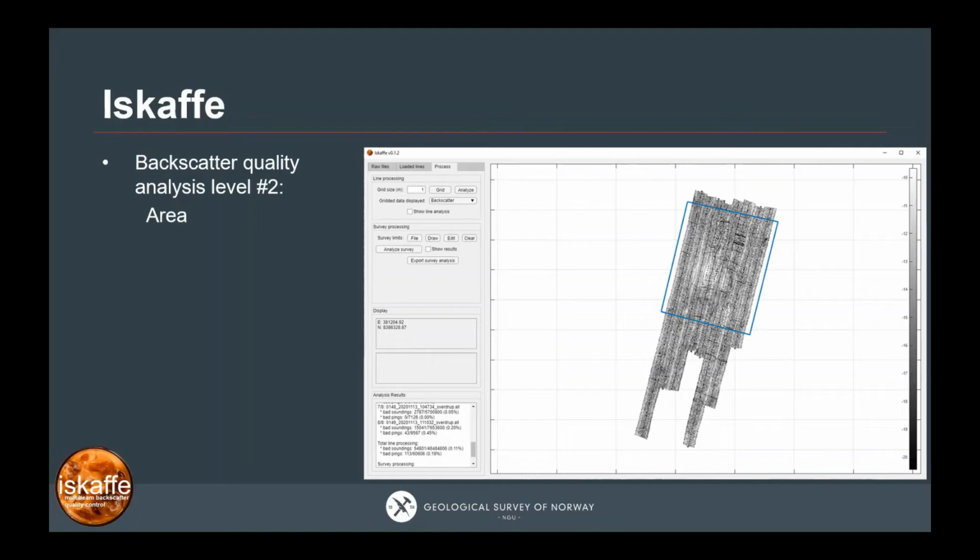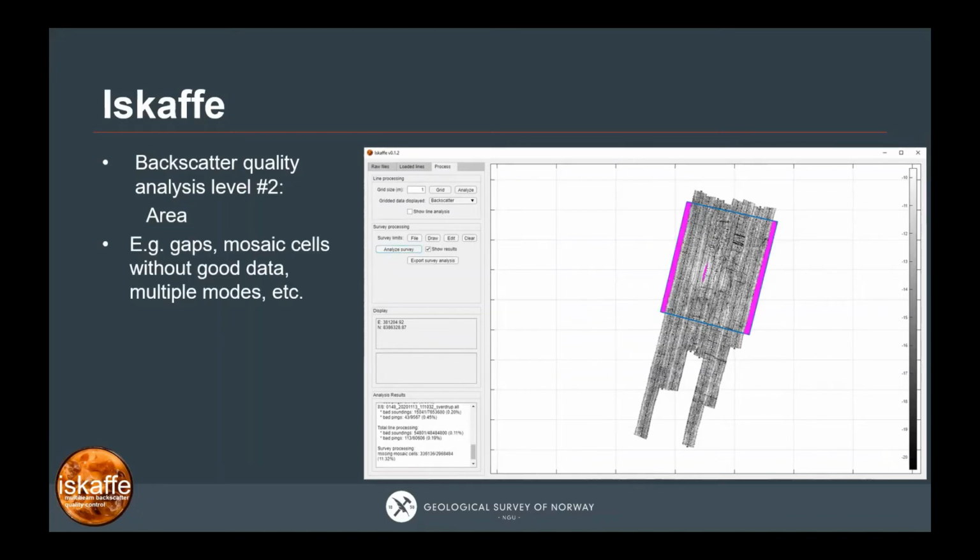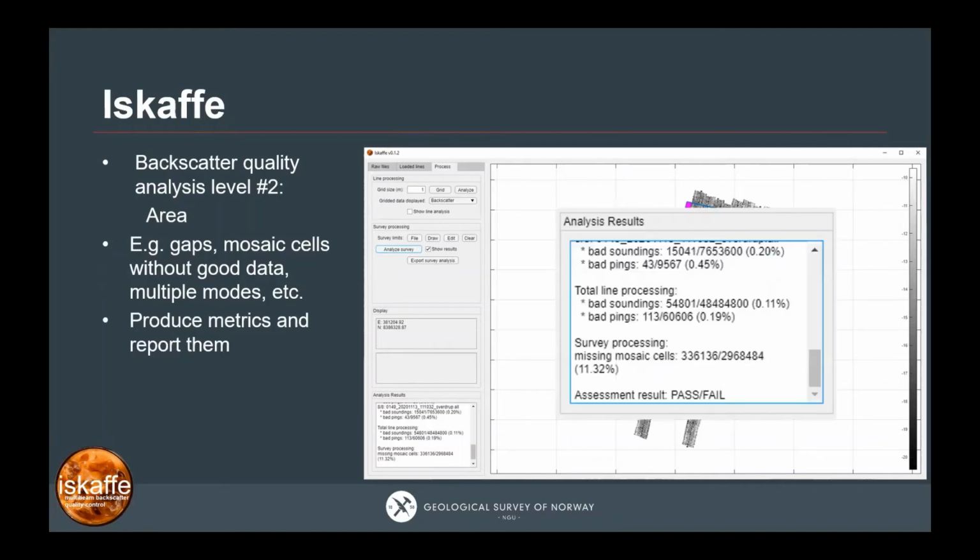One easy solution is to work on an area basis: define the area you want to analyze, and from there analyze where the gaps in the data are, where the grid cells are that only have bad data, etc. For now, all I do is find where you have gaps, based on the percentage of grid cells that are actually missing.